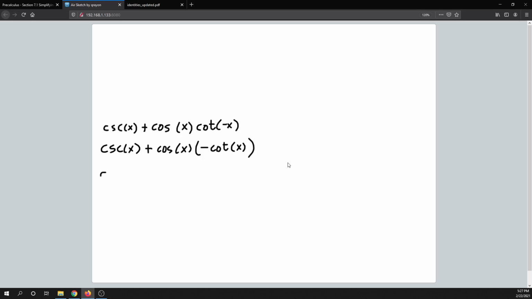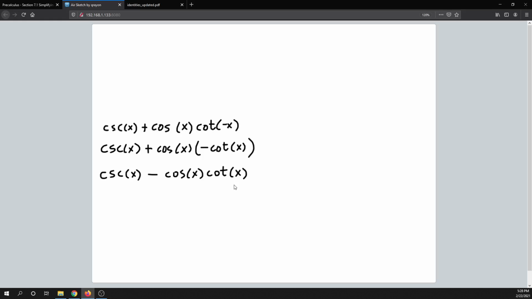So I can rewrite that as minus cosine of x times cotangent of x. Right, that would be equivalent because this is essentially positive 1 cosine x times negative 1 cotangent x, right? So that'll be positive 1 times a negative 1 will be a negative 1. Then I have cosine x times cotangent x, like so.